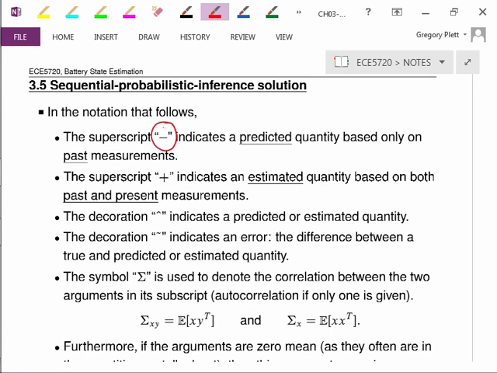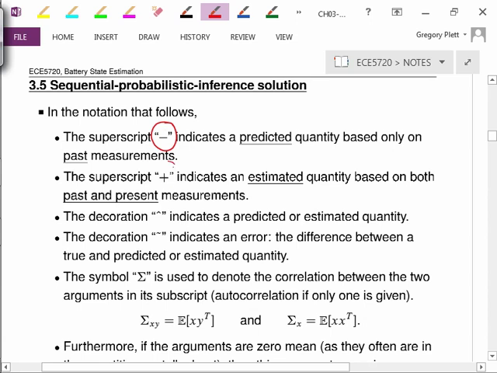So the minus is used to give you the idea of some kind of deficiency. There's a deficiency of data available. I can't estimate, as we'll see, the value right now because I don't have a measurement right now, but I can predict what that might be based on past measurements.